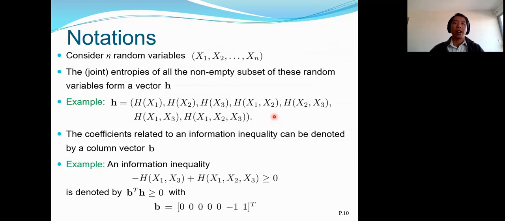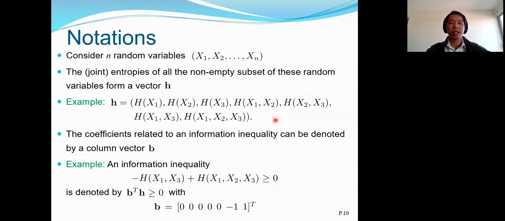Okay, now let us start to talk about how we can find the proof by using a computer. First of all, I need to introduce some notation here. Now, suppose we consider n random variables, x1, x2 up to xn, and then we denote the joint entropy of all the non-empty subsets of them by the vector h.